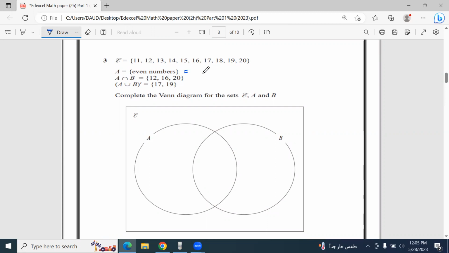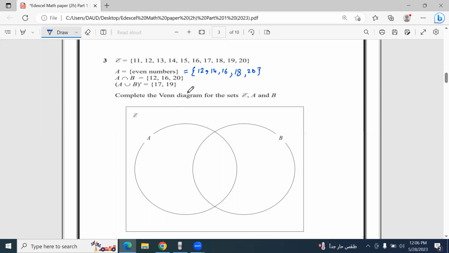So here from 11 to 20, A and B are the subset of universal set. So you can choose even numbers from the range of 11 to 20, which are 12, 14, 16, 18, and 20.